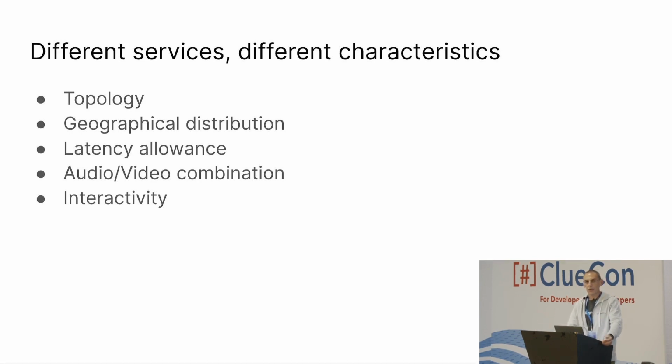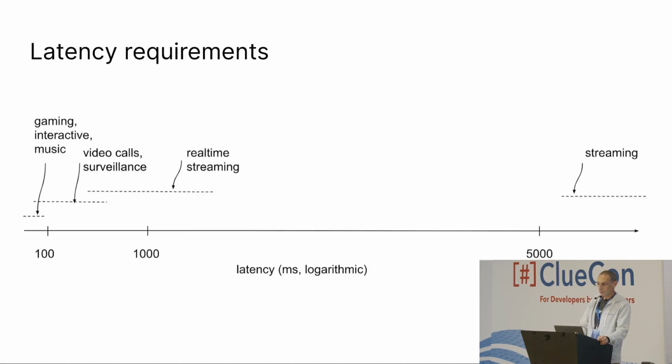And of course, there is a difference if it's only audio or audio and video. That's a very big differentiator. And the level of interactivity that is required with the users. So just to give a very rough example in terms of latency requirements, for very interactive gaming or music, you want to stay within 100 milliseconds.